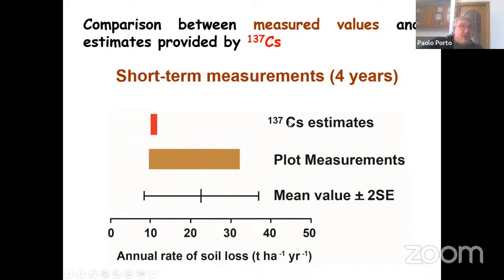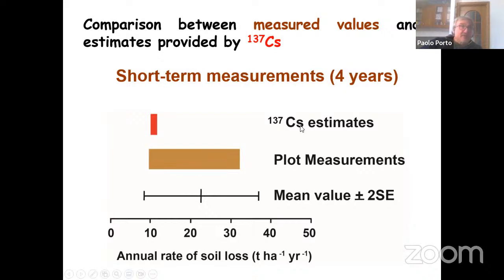That the cesium estimate of soil erosion is in the same range of plot measurements, but it is much smaller on average. You can see that it's shifted on the left side. That means that cesium-137 appears to underestimate soil loss if we assume that the plot measurements are correct. They are correct, but they are related only to recent years, from 2006 to 2009.